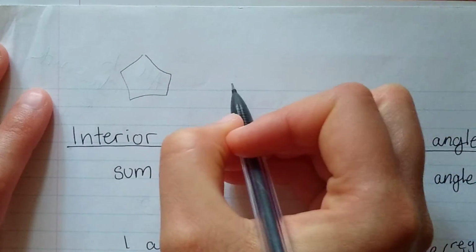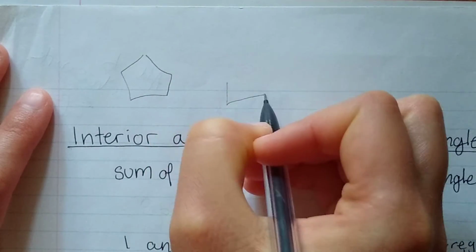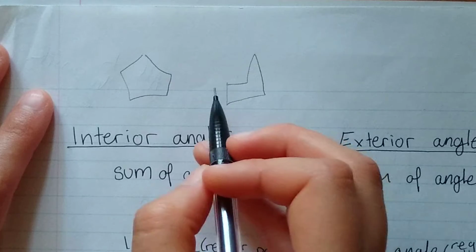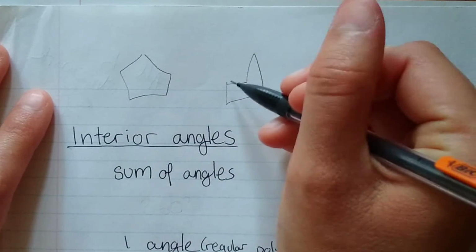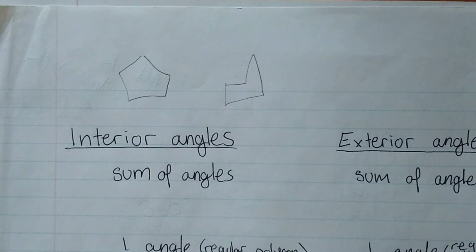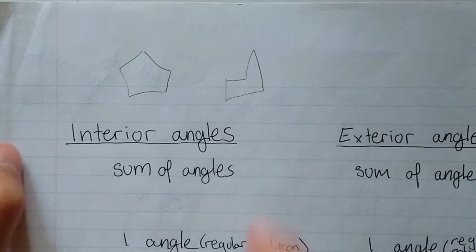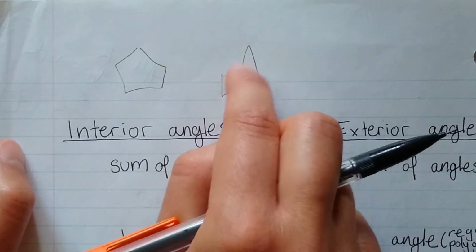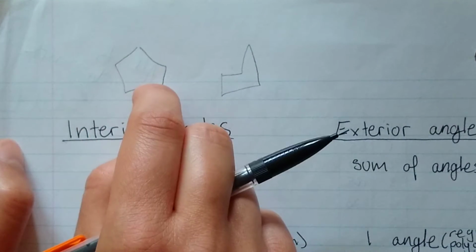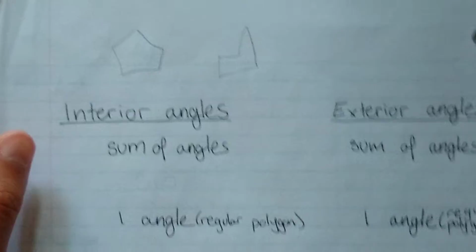A concave polygon is when there's like a bite taken out of it, when it goes in like this. That's not the technical definition, but the way that I remember it is concave is like there's a little cave carved out of the shape. So today we're only talking about convex polygons like this.